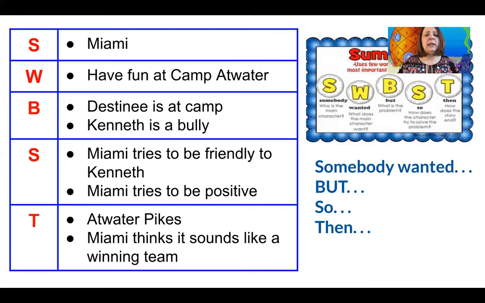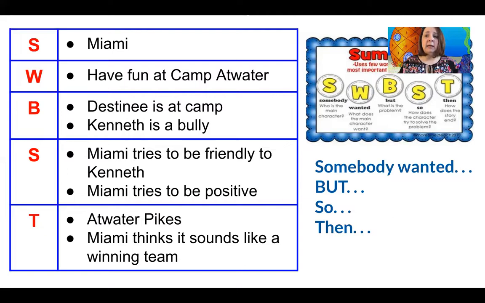He decides not to let that bother him, but when he goes to his lodge, he notices that they have an older camper named Kenneth, who's quite a bully. But Miami tries to be friendly with Kenneth and to keep a positive attitude. At the end of chapter 1, the team decides to name themselves the Atwater Pikes, and Miami thinks it sounds like a winning team. That's it.